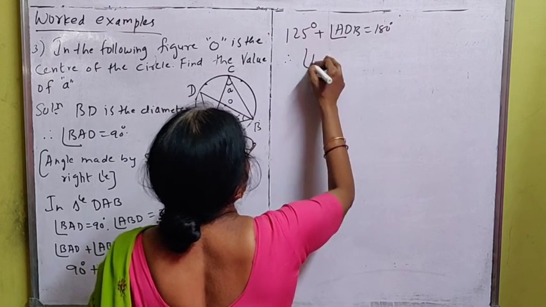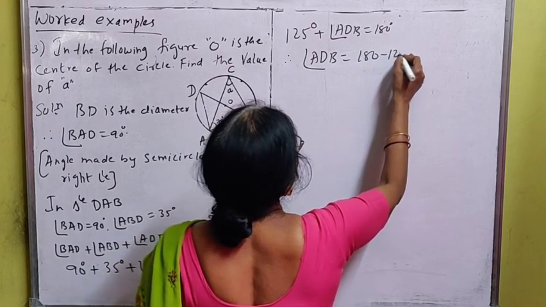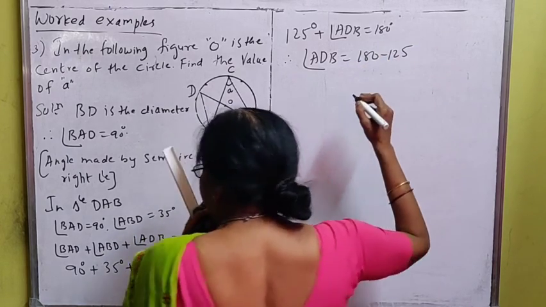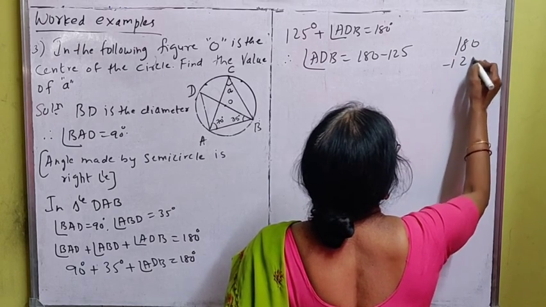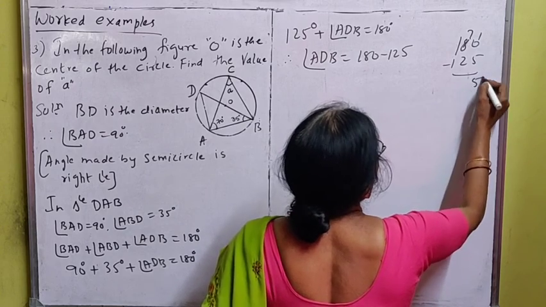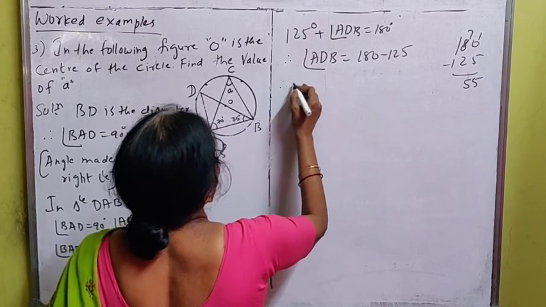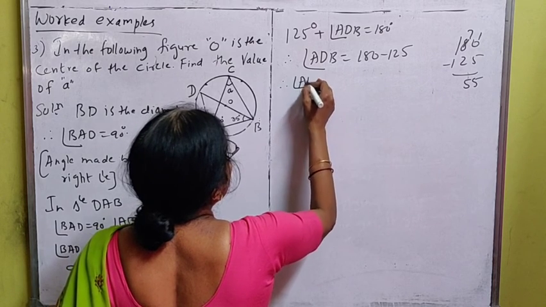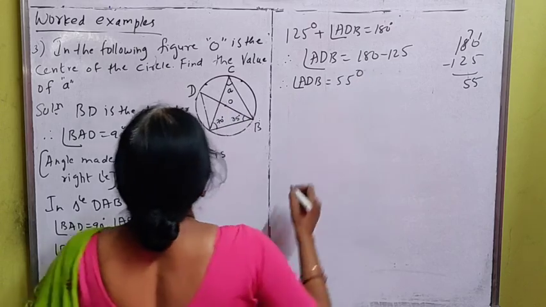Therefore, angle ADB is equal to 180 minus 125. Let us subtract: 10 minus 5 is 5, 7 minus 2 is 5. So you got it: therefore angle ADB is equal to 55 degrees.